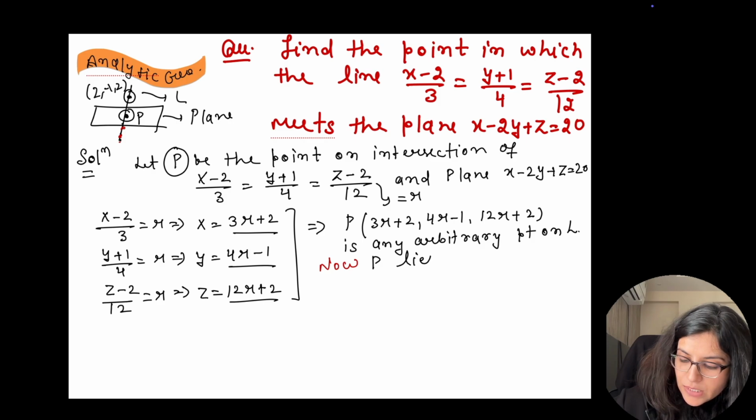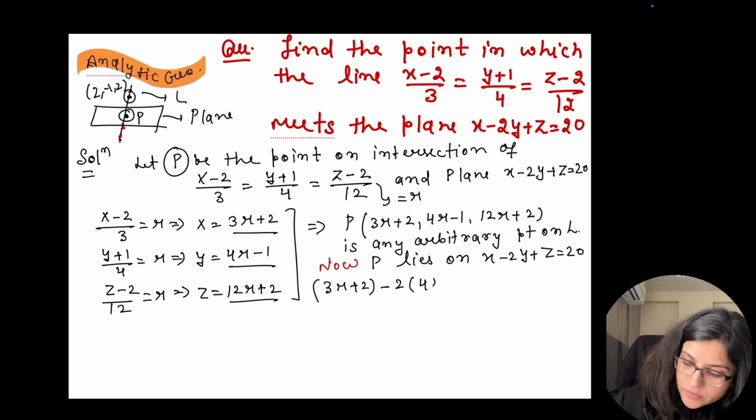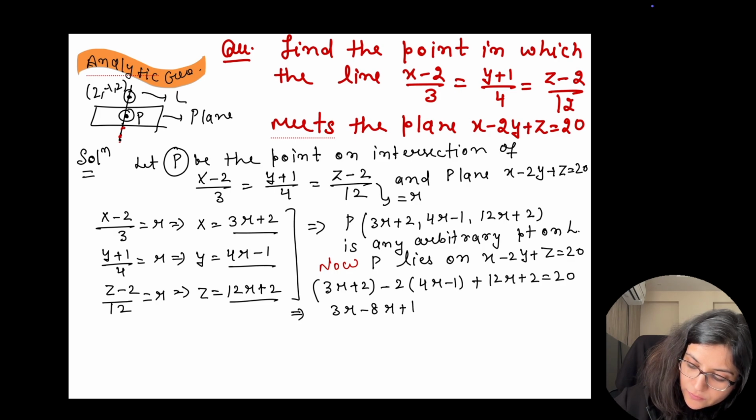P lies on x minus 2y plus z is equal to 20. So you put P into this plane. So 3r plus 2 minus 2 into 4r minus 1 plus 12r plus 2 is equal to 20, which implies 3r minus 8r plus 12r plus 2 plus 2 plus 2 is equal to 20.